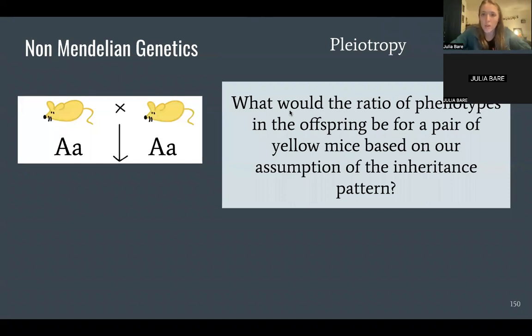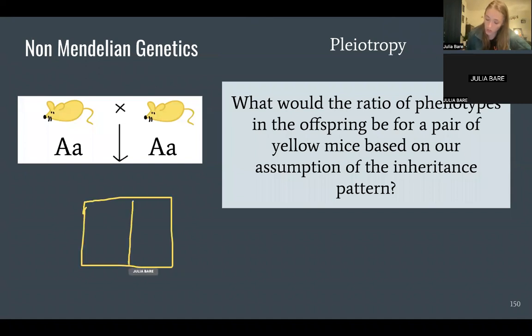Now, here's where it gets interesting. We got the ratio of phenotypes in the offspring. So now we're going to pair yellow mice from the previous example. We know that the yellow mice are going to be heterozygous, and now that we know that, we are going to breed them together. So what would this Punnett square look like for a cross between 2 heterozygous mice, and what is going to be the ratio of phenotypes in the offspring?